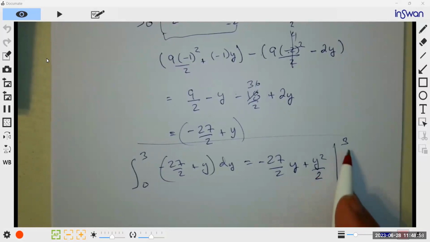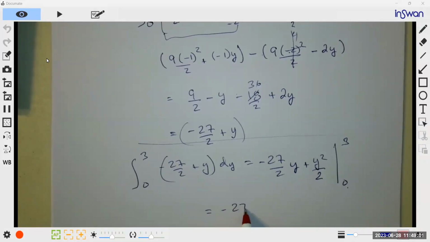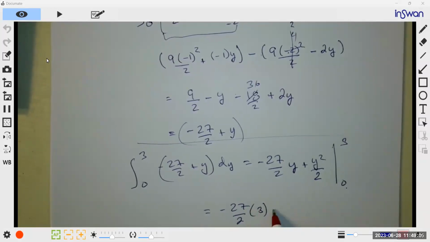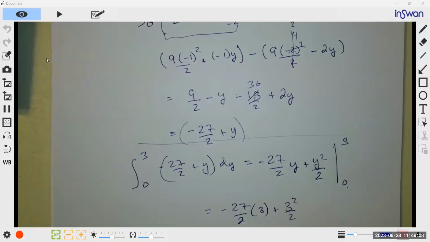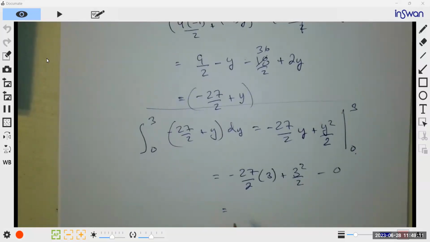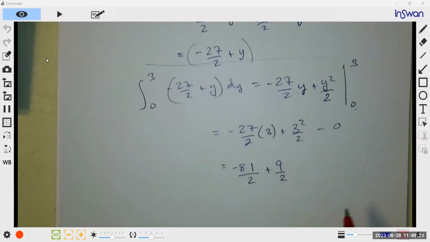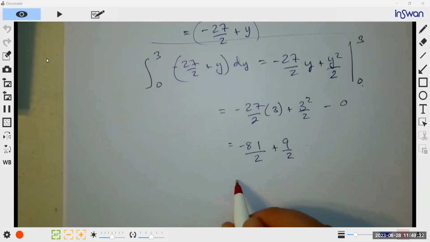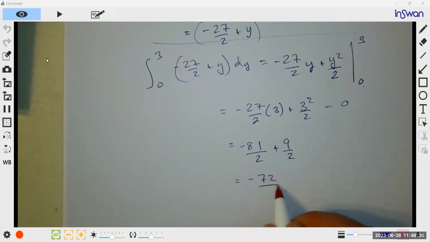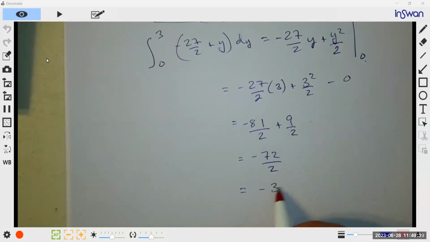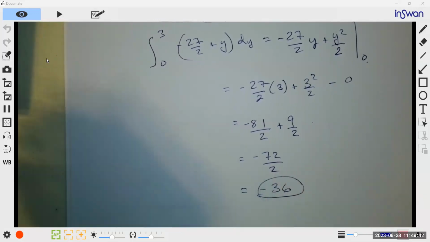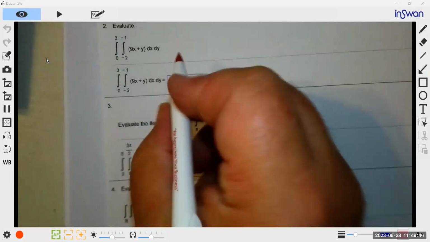Since it's to 0, we always have to do the top. -27 over 2 times 3 plus 3 squared over 2 minus 0. 27 times 3, -81 over 2 plus 9 over 2 plus -72 over 2, which makes it -36. And that's that answer.